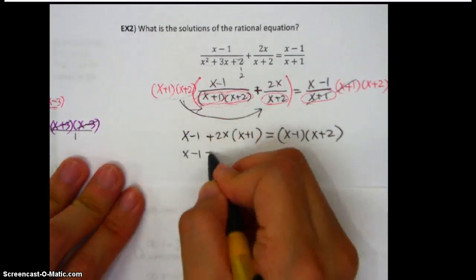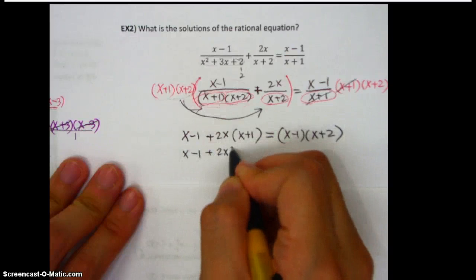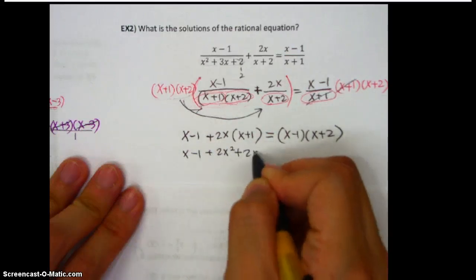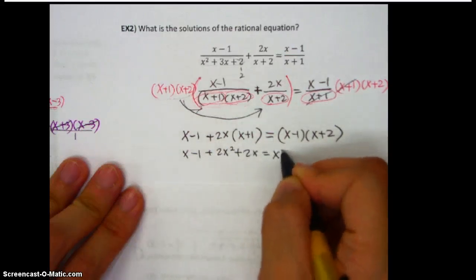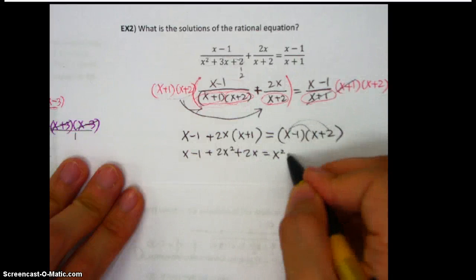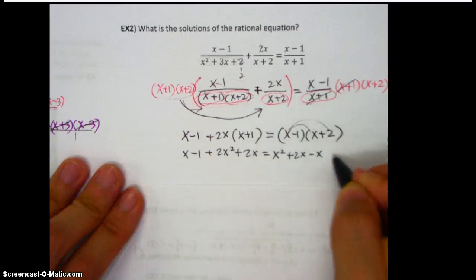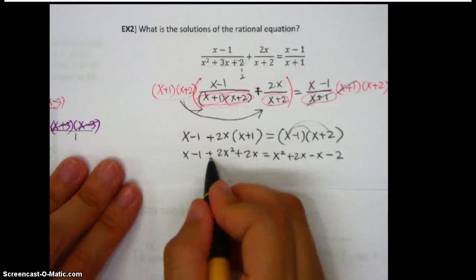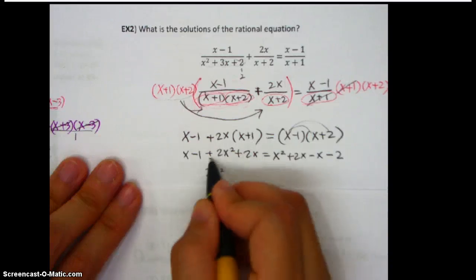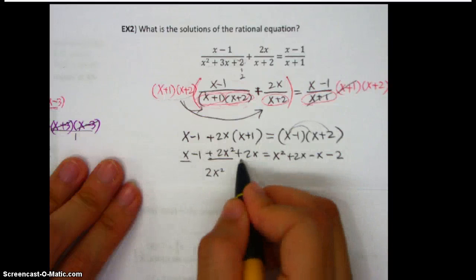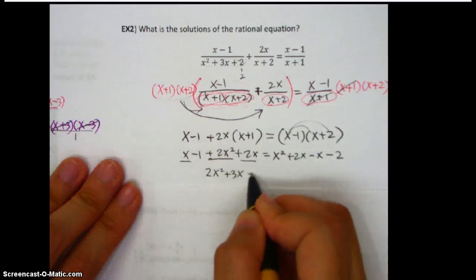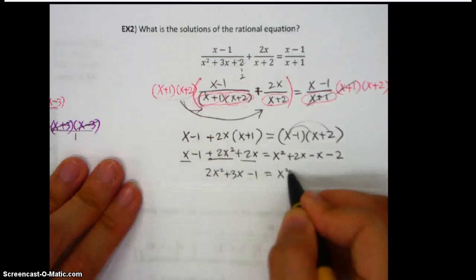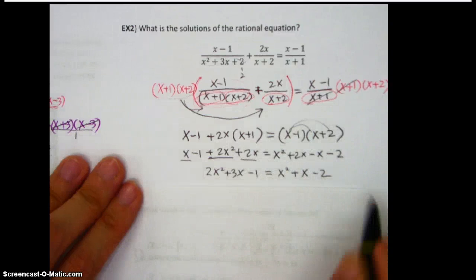So x minus 1 plus 2x squared plus 2x is equal to x squared plus 2x minus x minus 2. We can combine like terms first. So 2x squared, and then I have 3x minus 1, is equal to x squared plus x minus 2.